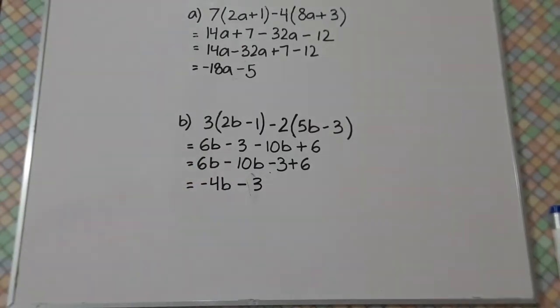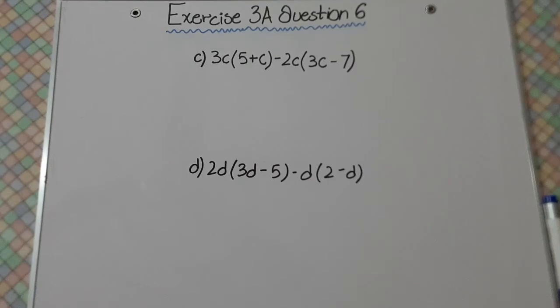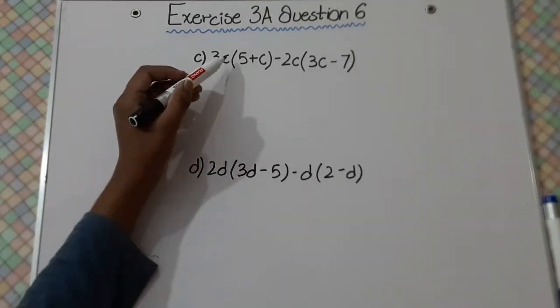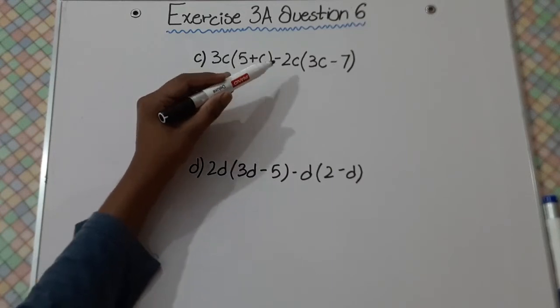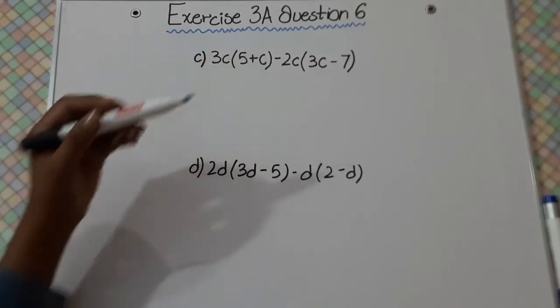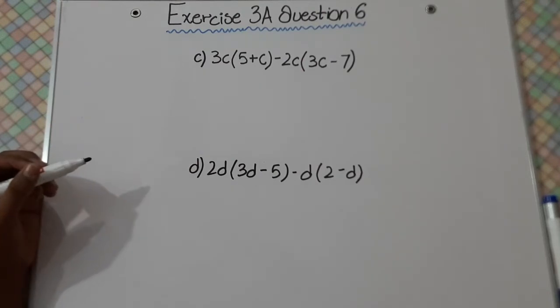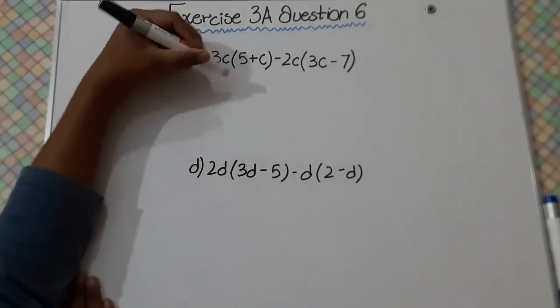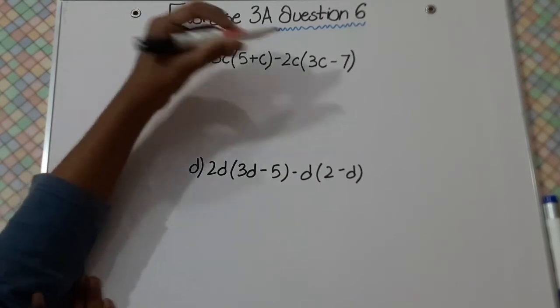Now let's move towards the next part, which is part C. Now let's solve part C of this question. 3c bracket 5 plus c minus 2c bracket 3c minus 7 bracket. Now first we are going to multiply the numbers with the brackets.